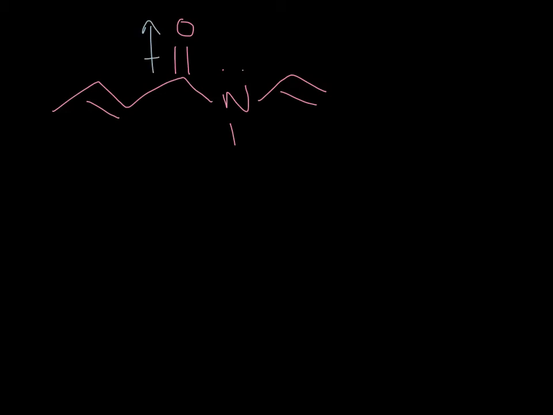So let's do one more example here. I'm going to look for a carbon-oxygen double bond, or a carbon heteroatom double bond. In this case, it is a carbonyl compound. These electrons, the pi electrons, can go up onto the oxygen as a lone pair of electrons.